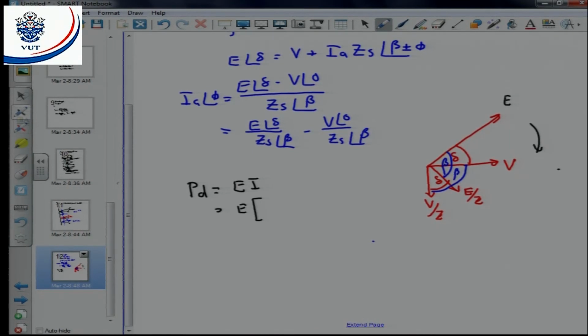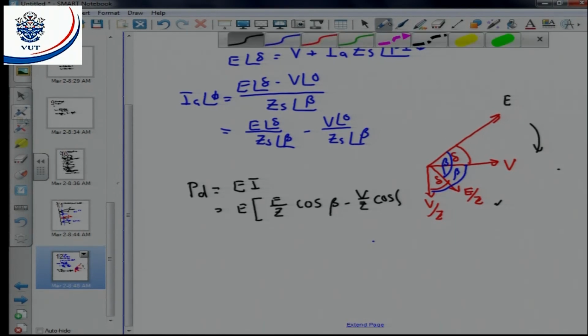If we want to determine the output, that has got to do with the voltage, and therefore we have V, and then the first part that we get when we go around will be E over Z, and the angle between them will be cos of beta minus delta, and minus the next part will be V over Z cos beta. And reactive power Q will be EI sin phi, where this was EI cos phi.